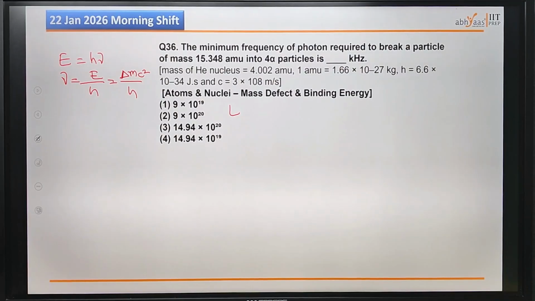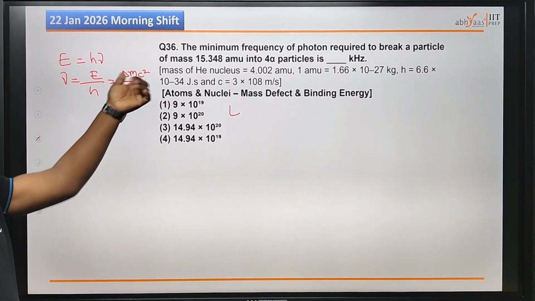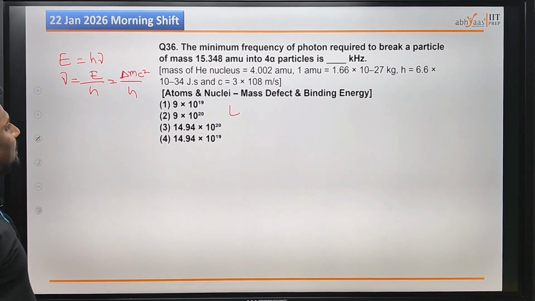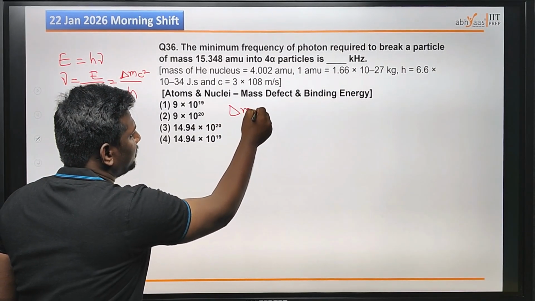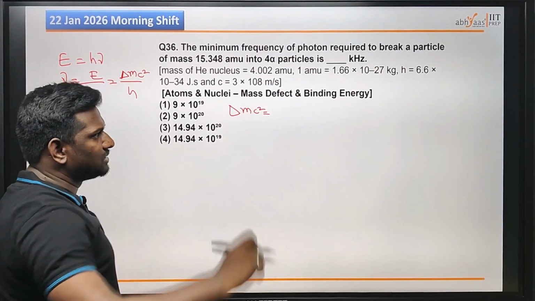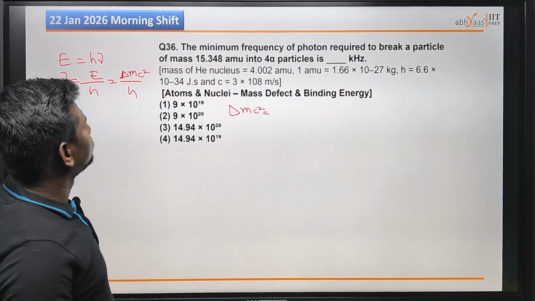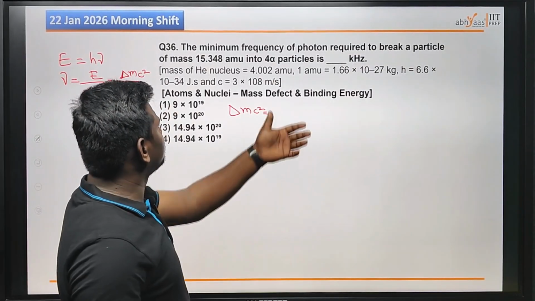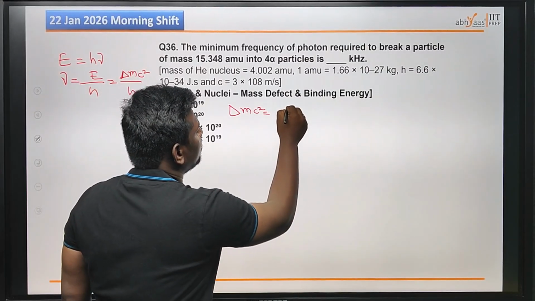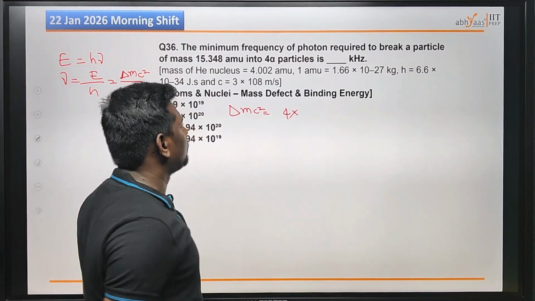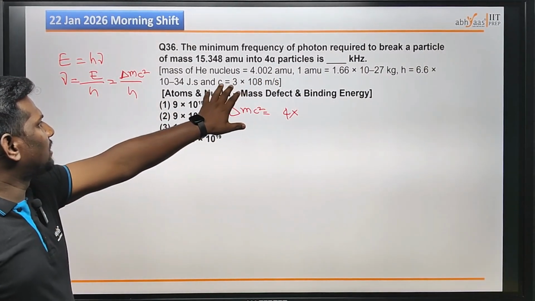So first we have to find this quantity. I am finding here delta m into c square. I will write c square last. What is the initial mass? This is the initial mass. This is the final mass. What is the final mass? 4 into the alpha particle. What is the mass of the alpha particle?